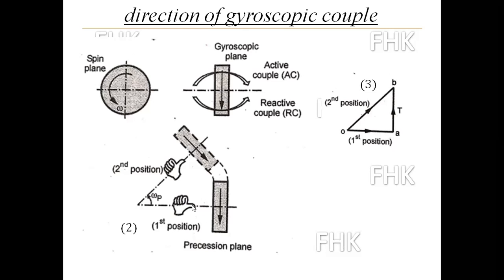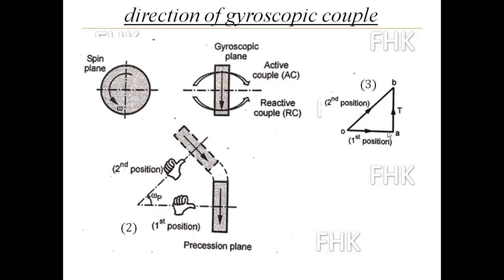At the same time, the thumb is showing the direction of the vector as per the right hand thumb rule. The direction of the thumb is from left to right, so the direction of the vector is from O to A.